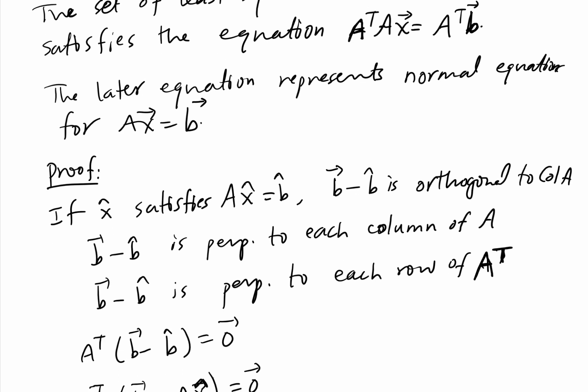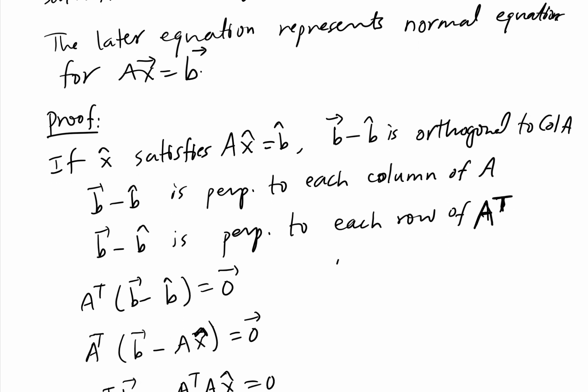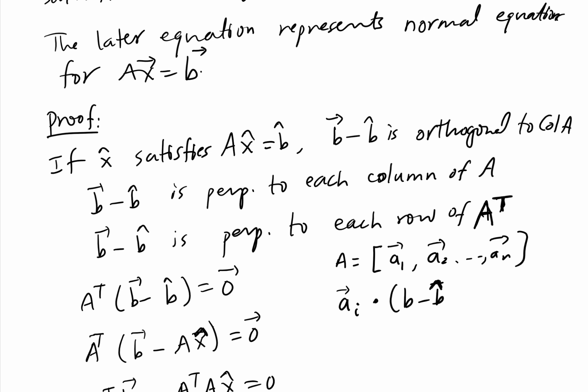Now, before we look at the left-hand side, let me write something down just so you understand. Say A is this matrix, A1, A2 all the way to An. So these are the columns of A. Then, since these vectors A1, A2, An are all in A, if you take each one of these vectors Ai and dot it with b minus b hat, this should always give us 0.